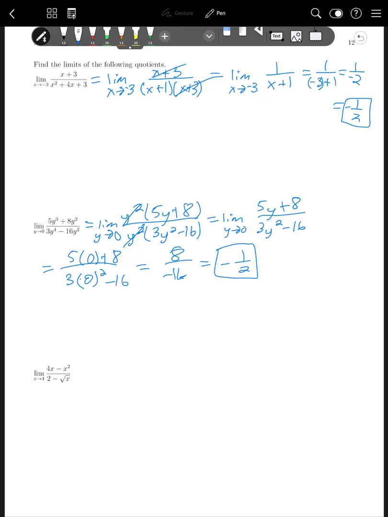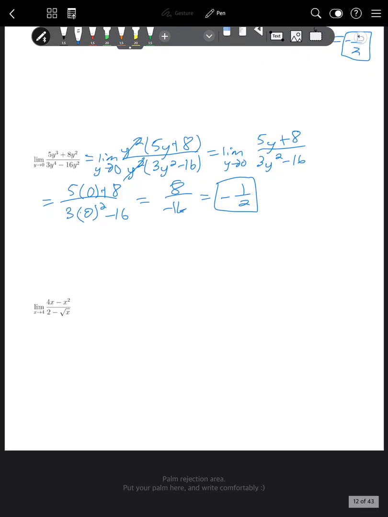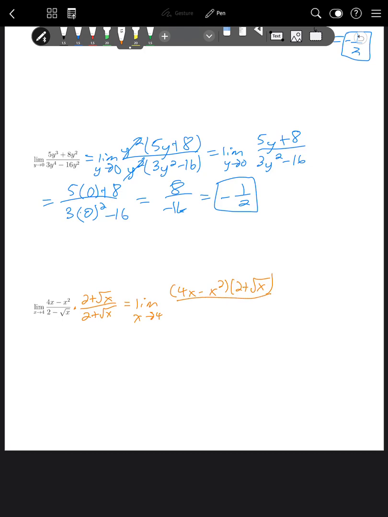Okay, and then in the last one, we're going to have to use the multiplying by the conjugate idea like we have in previous problems. So we're going to multiply by 2 plus the square root of x over 2 plus the square root of x. So that's going to be the limit as x approaches 4 of (4x minus x squared) times (2 plus the square root of x) over 4 minus x.